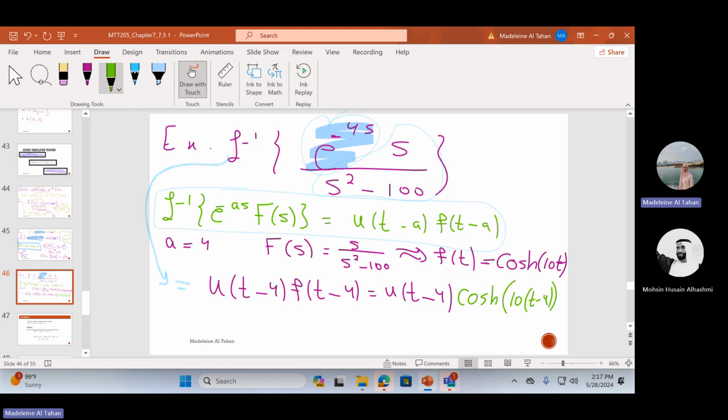Here is cosine 10t. I don't care about the 10. Just this t, I will put a bracket and put t minus 4 instead. And you can keep it this way, no need to expand.